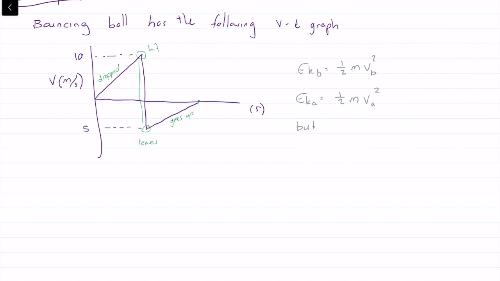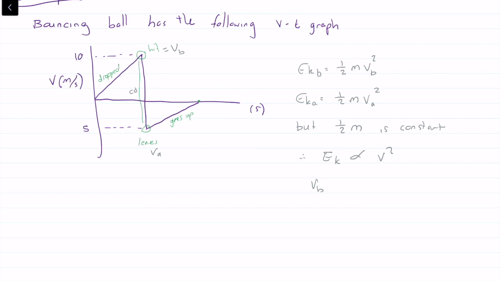But a half m is constant, therefore EK is proportional to v squared. And from this, VB, velocity before, would be this point, and this is VA, so this is the collision.